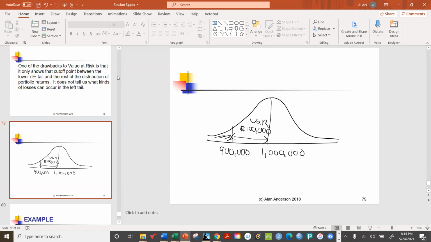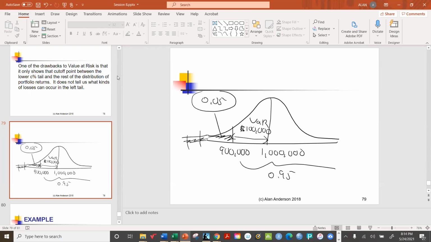And this now represents, let's say, the bottom 5% of my distribution. The VAR doesn't tell me, though, what could happen. Well, let's say I end up down here somewhere, or down here. The VAR is just telling me the threshold between the lower 5% of the distribution and the upper 95%.